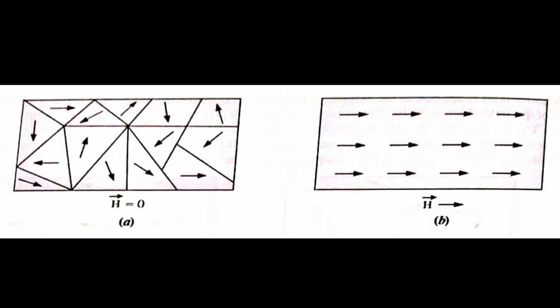At low external magnetic field, the alignment of magnetic dipole moment in the direction of the applied field is partial. However, when the applied magnetic field keeps on increasing to a high value, the alignment of the magnetic dipole moment is perfectly in the direction of the applied magnetic field as shown in figure B. Thus, a ferromagnetic substance is strongly magnetized in the direction of the applied magnetic field.